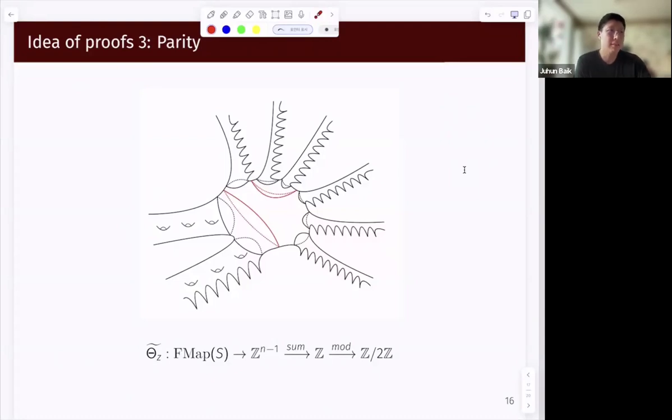If you don't have tameness, then there might be many maximal ends, but there might not be any generalized shift. So we cannot utilize this and construct this continuous surjective homomorphism. So that's why tameness is needed.